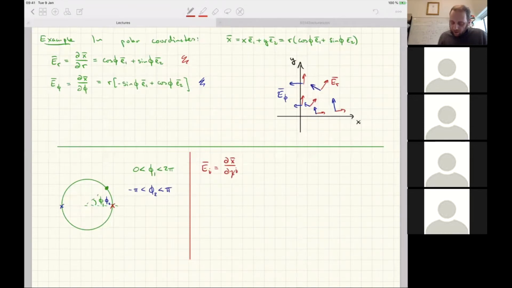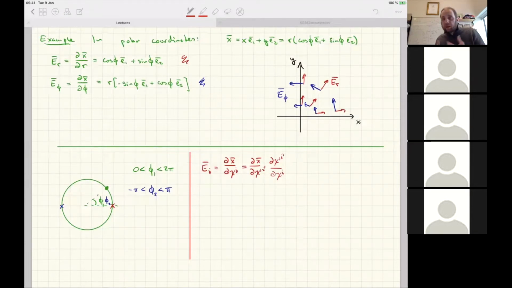Now, if I use the chain rule here, and I have a different coordinate system, I can write this as d chi'^i' over d chi^i, where the chi primes are my new coordinates, times d x over d chi'^i'.